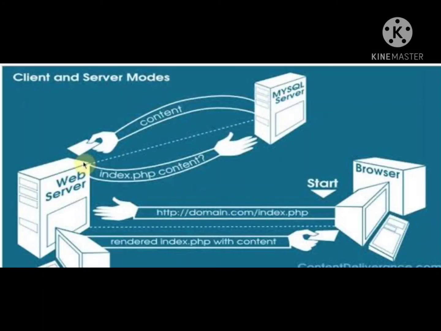So this is the normal request response flow, how an application is deployed in servers, and how as a client, like a mobile or a smartphone, we are able to access the corresponding websites. But in a mobile we can directly install a Facebook app.